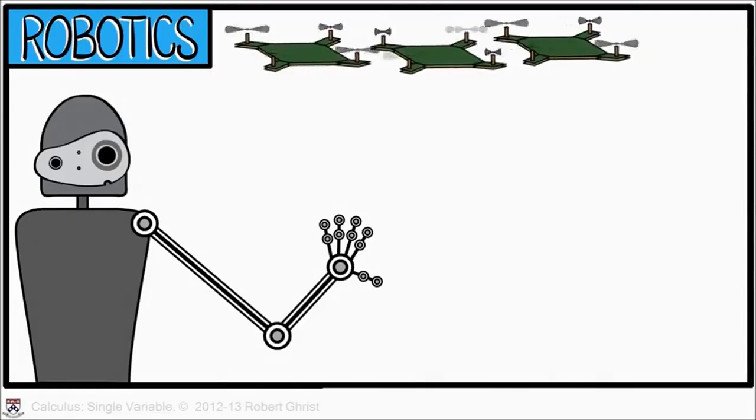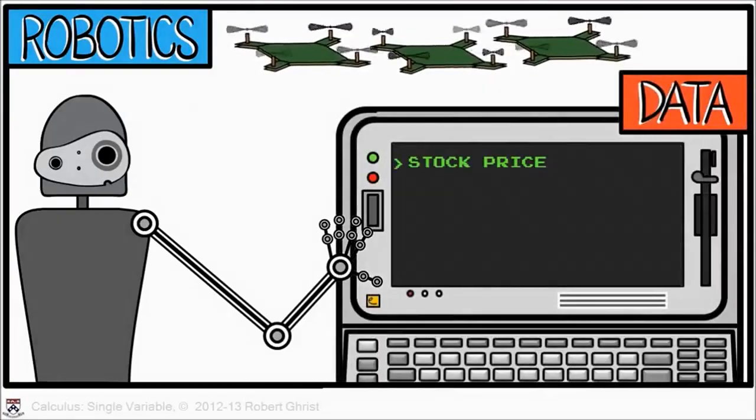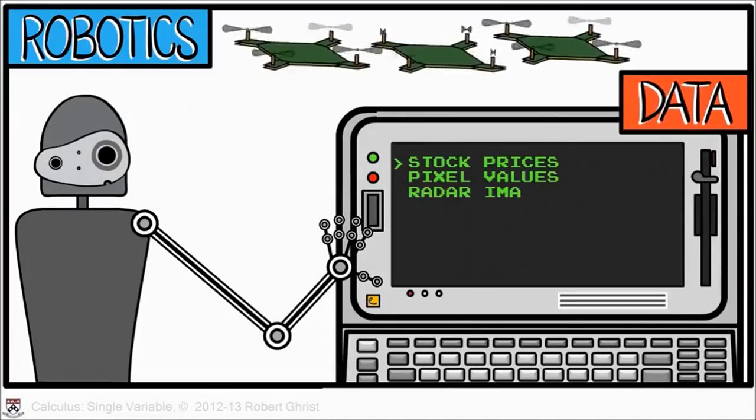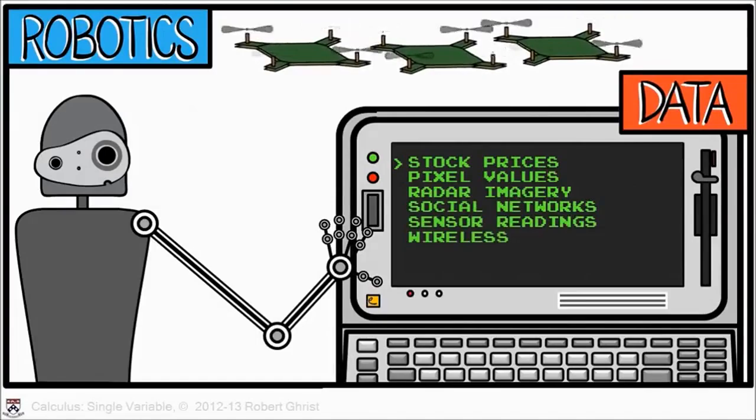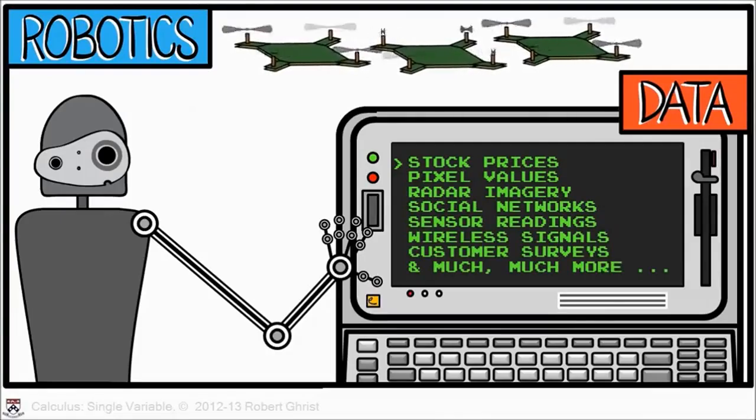But really, these aren't that high. Where the dimension gets high is in data. Anything associated with large data sets, let's say stock prices or imagery data, social networks, all of these implicate many, many variables.